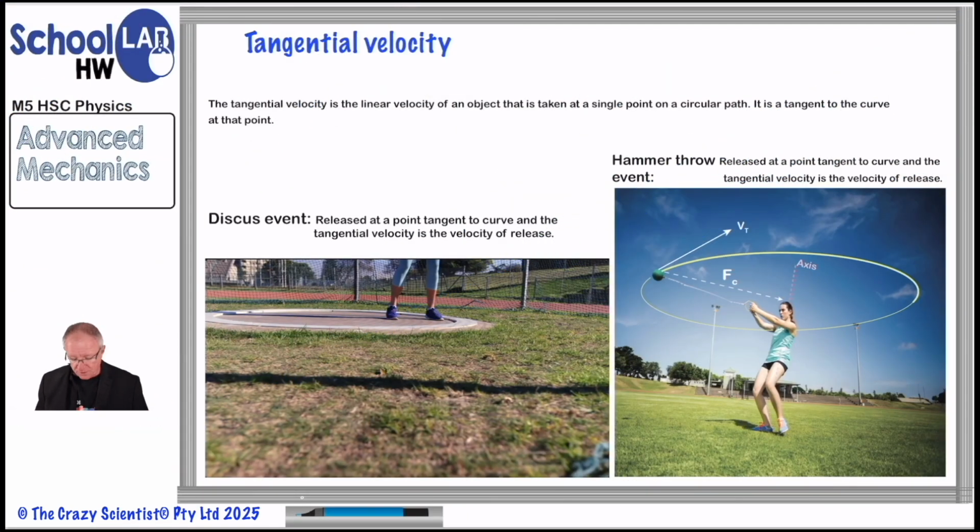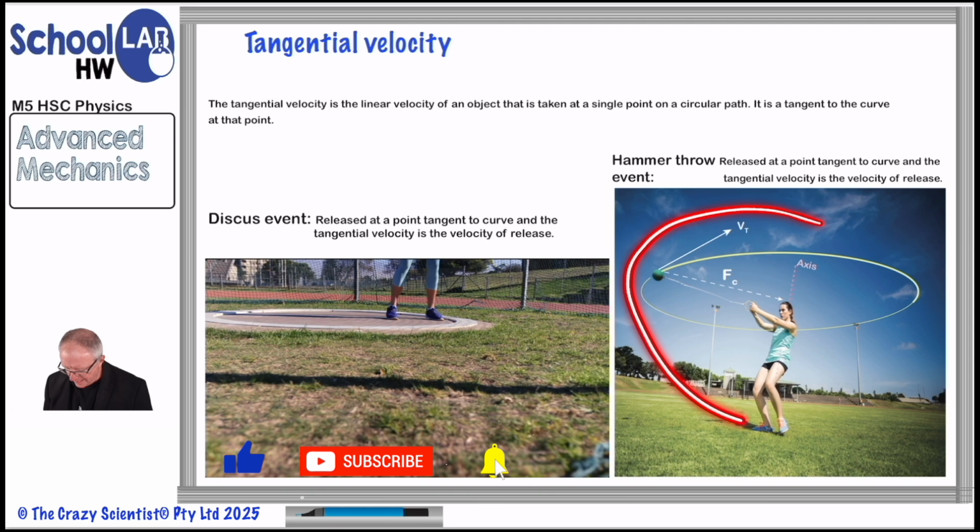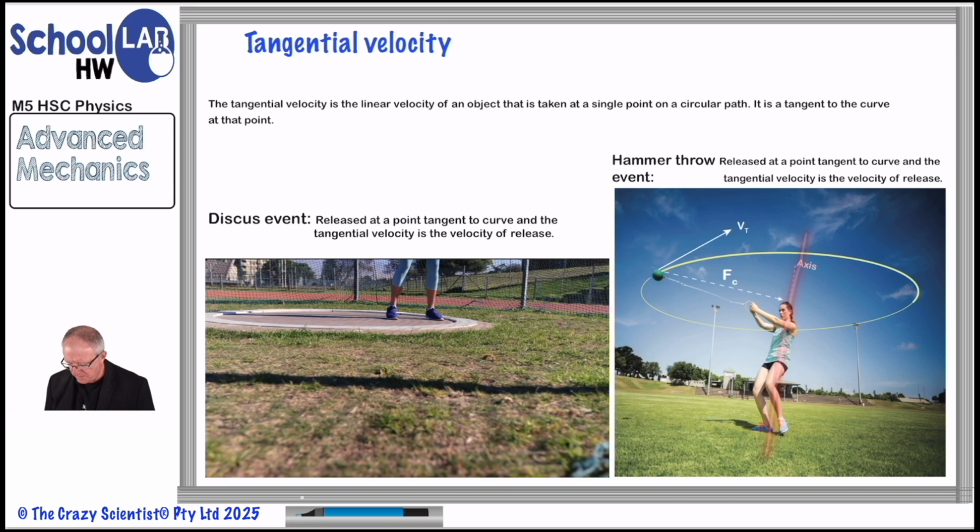Okay, now tangential velocity is a linear velocity that the object has when it's taking a circular path, and it is the velocity tangent to the curve, right? So if we have a hammer thrower here, you can see as she moves around through a complete circle, she has an axis of rotation. She has the string that is attached to the hammer, and of course she feels a tension force.